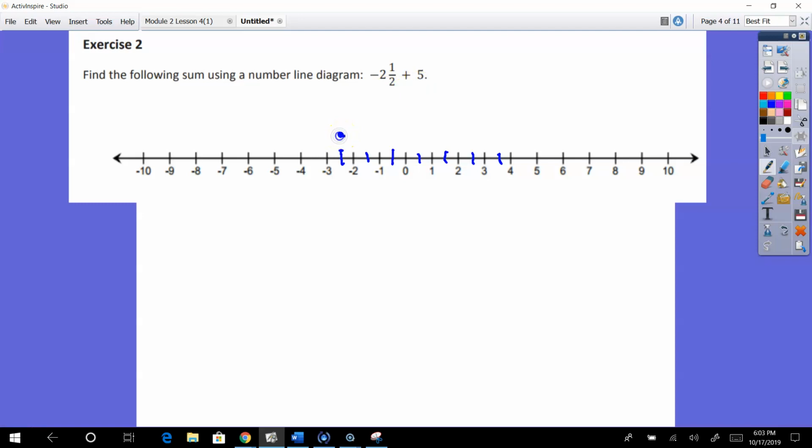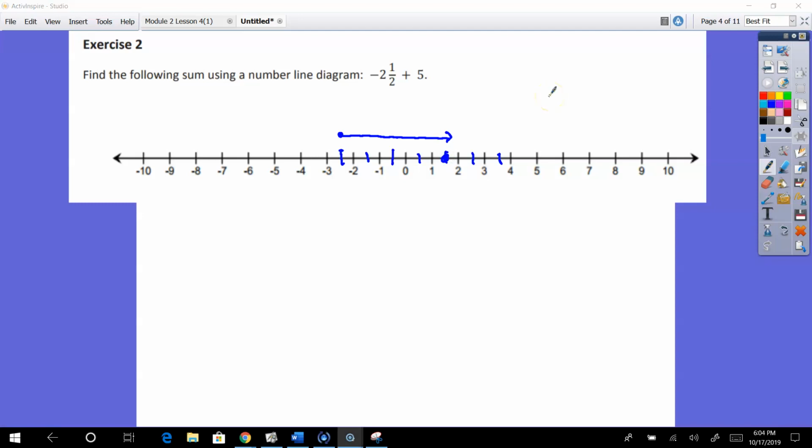So from negative 2.5 to negative 1.5 to negative 0.5, that's 3, 4, 5. And so here's our answer, 1.5.